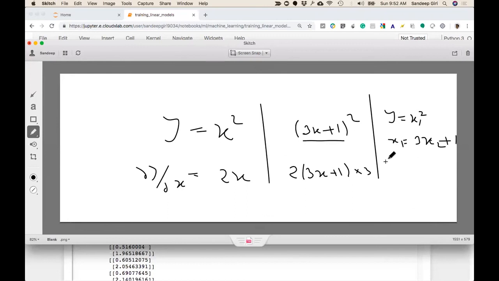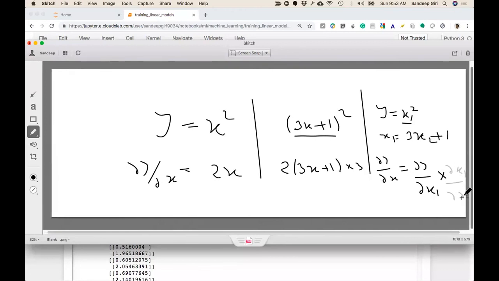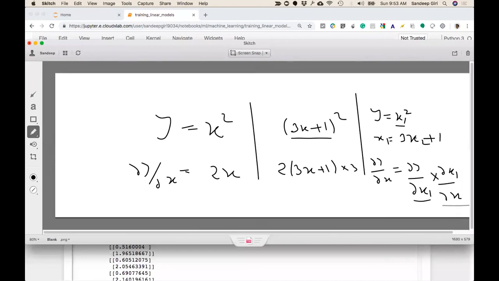So when I say dy by dx, first it'll be dy by dx1, multiplied by dx1 by dx, and so on. That's how we compute. So we are saying that first you differentiate y with respect to x1, and then you differentiate x1 with respect to x. All right, that's how we are computing.